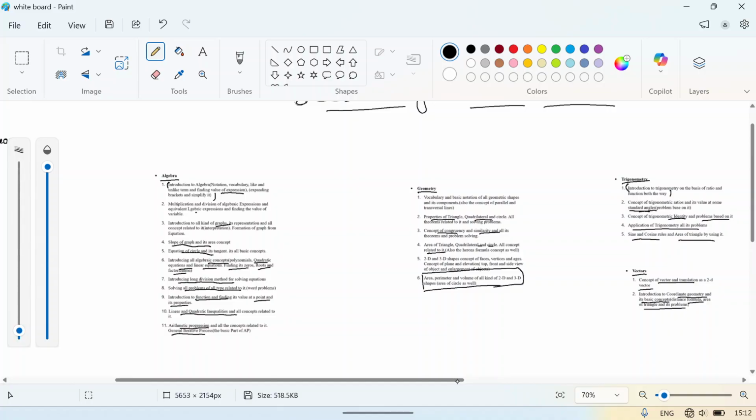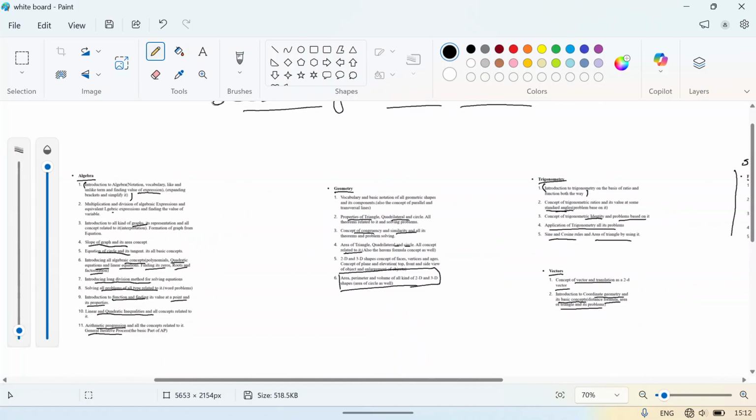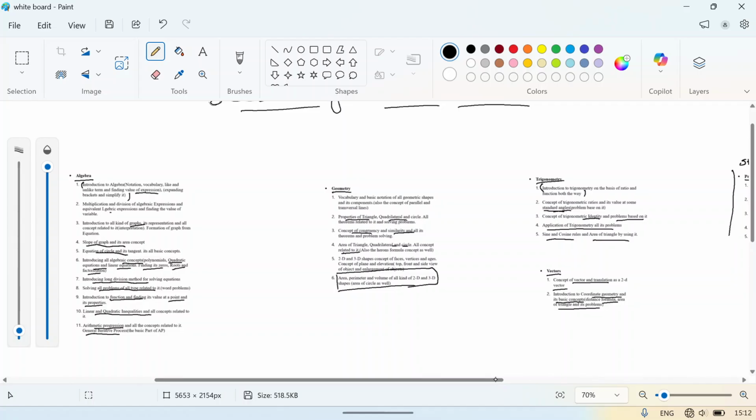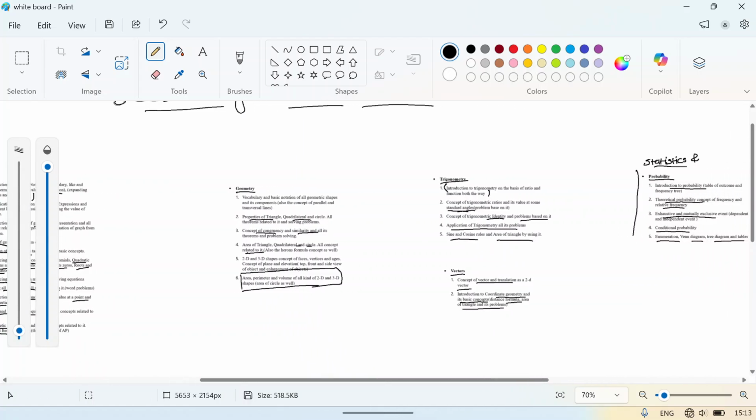Then we learn one of the new and largest concepts, trigonometry. And lastly, we learn about statistics and probability. So in the next session, our first lecture, we are going to start with geometry, introduction to geometry and its basic notation.